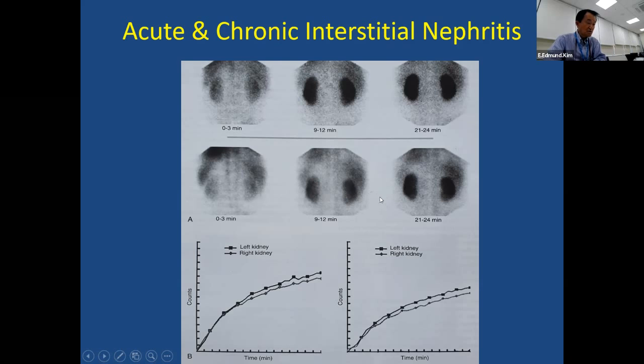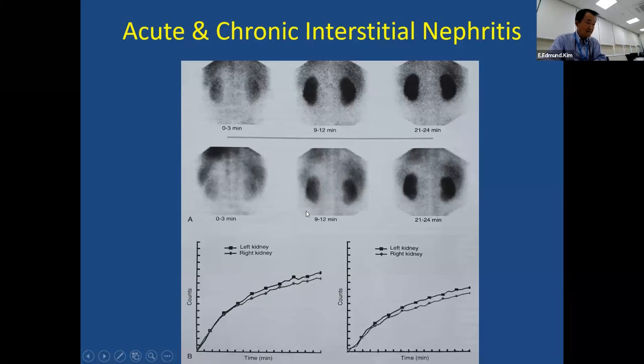But in acute, usually you show some activity coming into the collecting system and holding at the proximal portion of the obstruction. So in this case, obstruction, we should use Lasix.